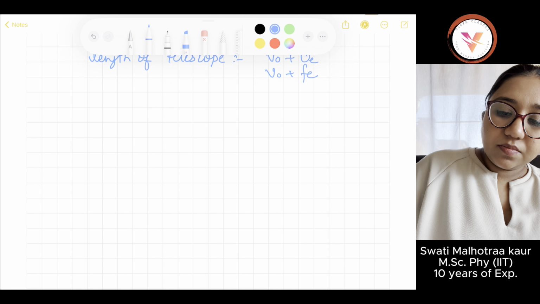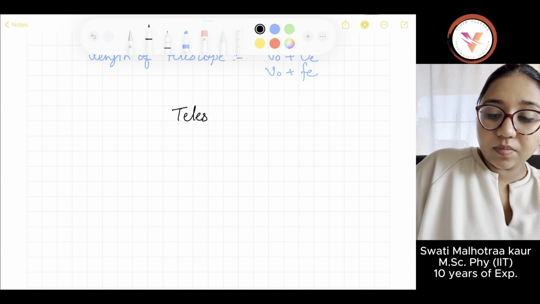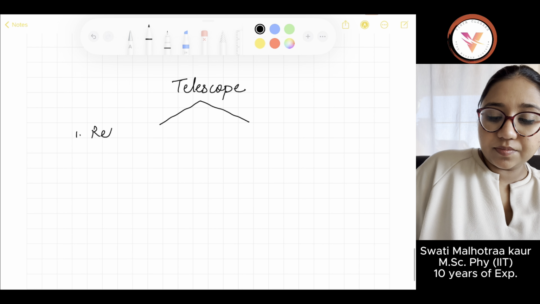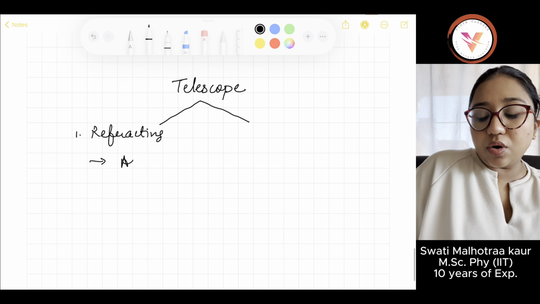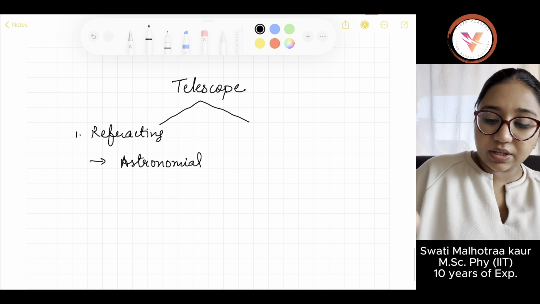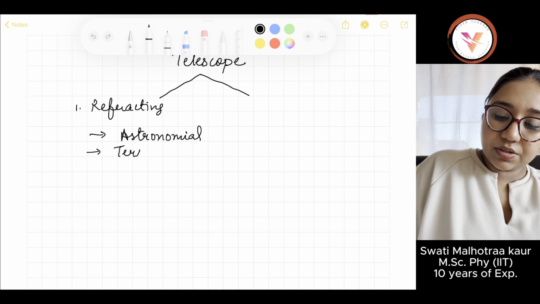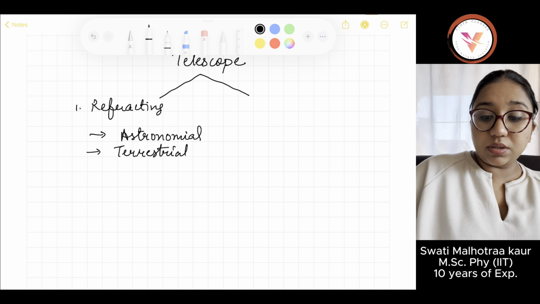Okay, so the next topic is telescope, and basically telescopes are of two types. First is refracting, and in refracting you have astronomical, in which you see stars, moons and everything, and next is terrestrial, in which you see the distant object present on earth.